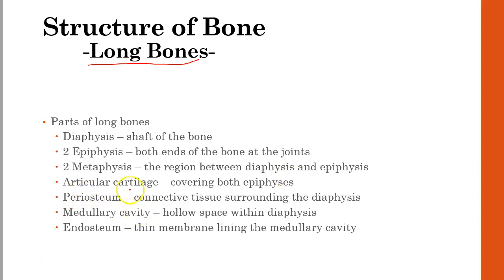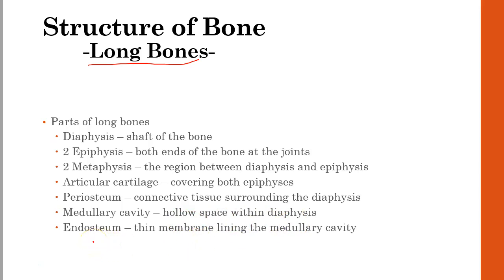And then the articular cartilage, again, mostly hyaline cartilage, like we talked about before, creating a nice smooth surface for joint movement. Wrapping the bone at the diaphysis is going to be periosteum. So this is connective tissue that surrounds that diaphysis. The medullary cavity, this is the hollow space within the diaphysis.